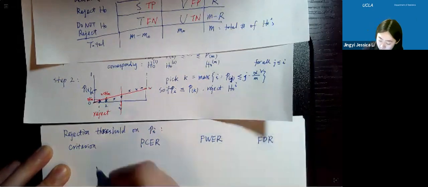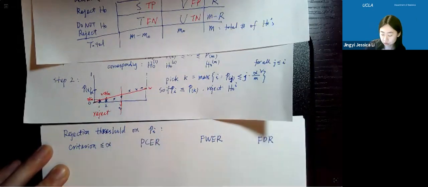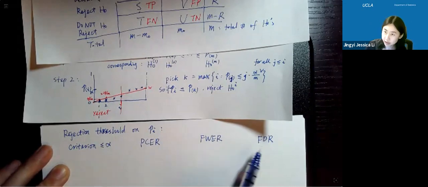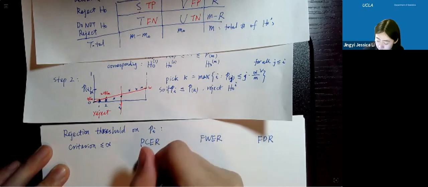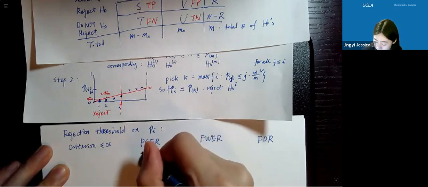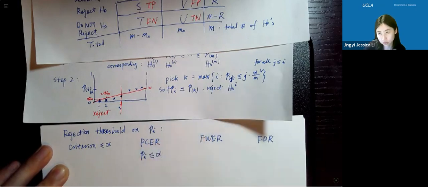Our goal is to find the p-value threshold so that each criterion is less than or equal to alpha. If we want to control PCER under alpha, we just set p_i less than or equal to alpha, and we're good.